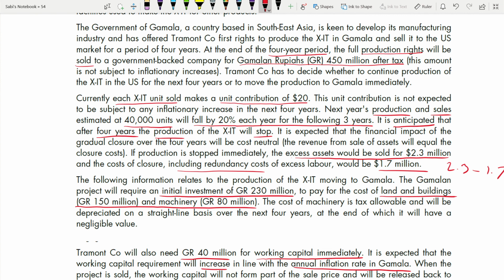Next year's production and sales estimated to be 40,000 units will fall by 20,000 each year for the following 3 years. Okay. So 40,000 into 20, which is 800,000.